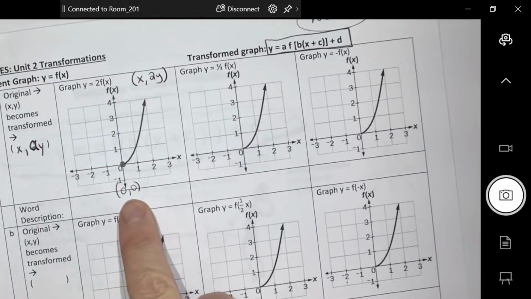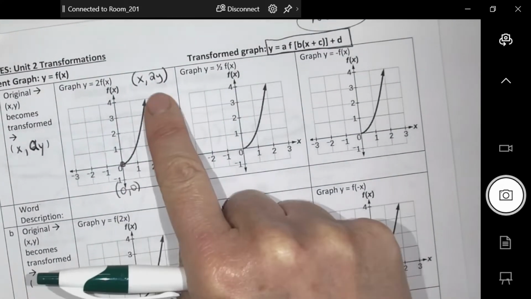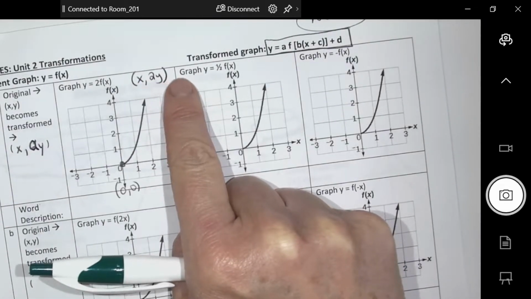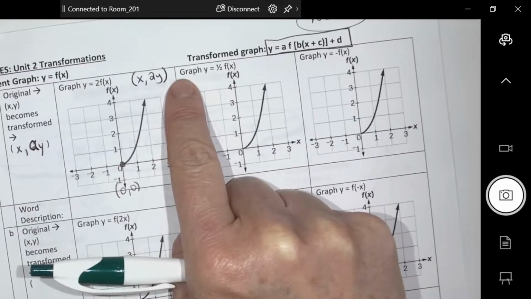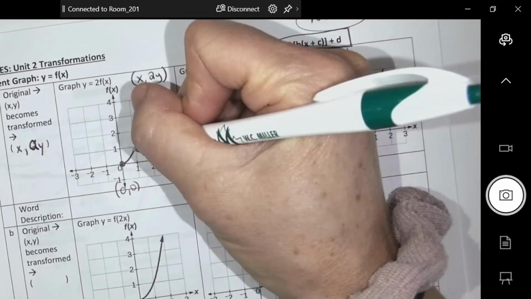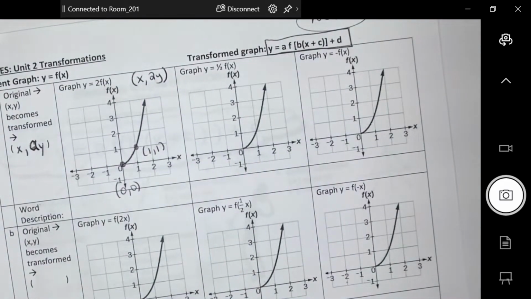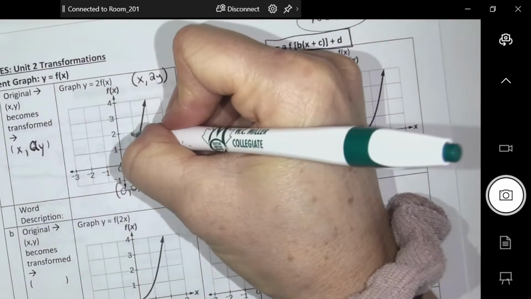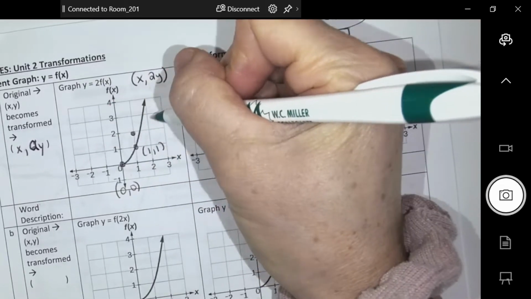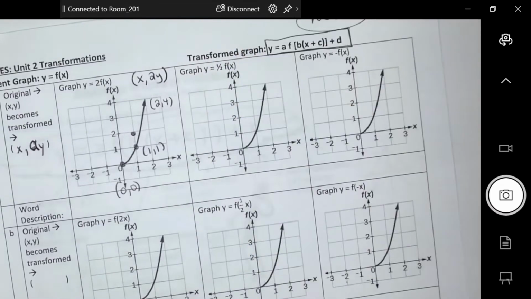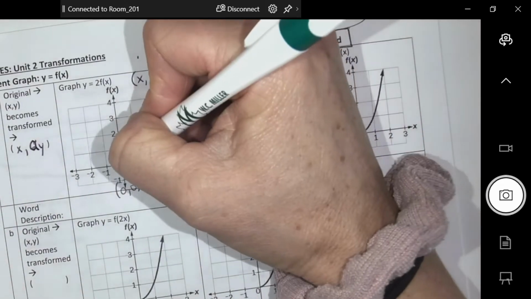So what happens to 0, 0? It becomes 0, comma, what's 2 times 0? 0. Doesn't move. What happens to the coordinate 1, comma 1? It becomes 1, comma 2. The next coordinate here is 2, comma 4. What would it become? 2, comma 8.